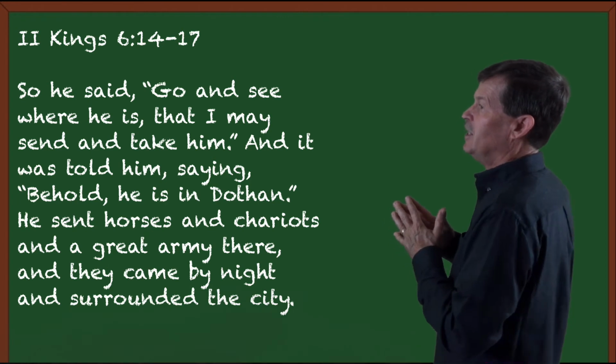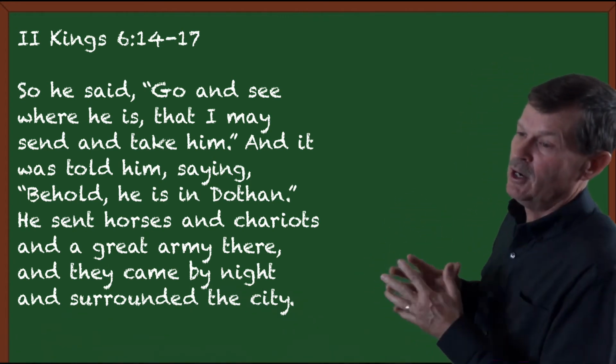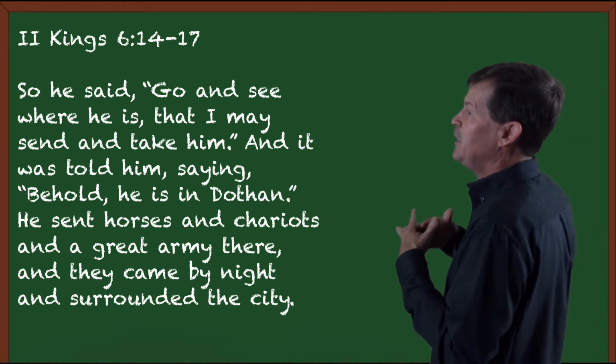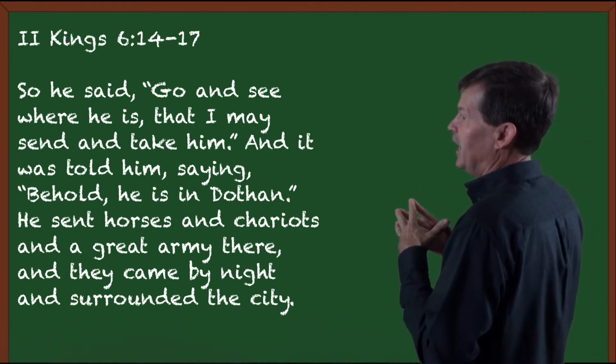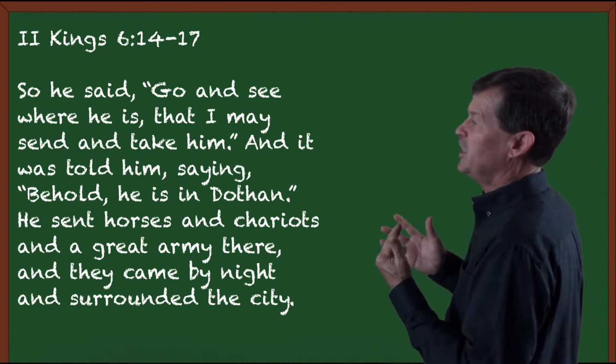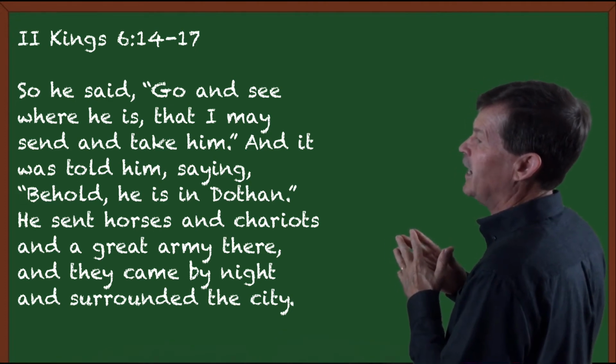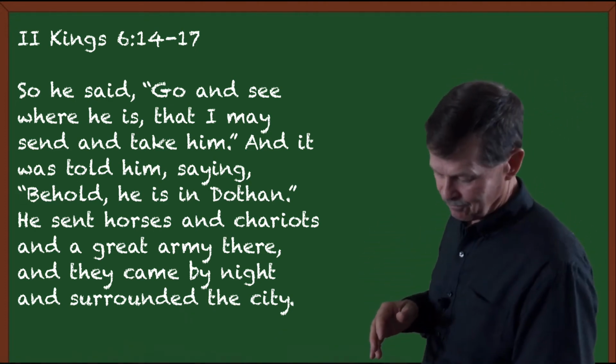2 Kings says, so he said, go and see where he is. They're talking about the prophet Elijah, that I may send and take him. And it was told him, saying, behold, he is in Dothan. And he sent horses and chariots and a great army there, and they came by night and surrounded the city.